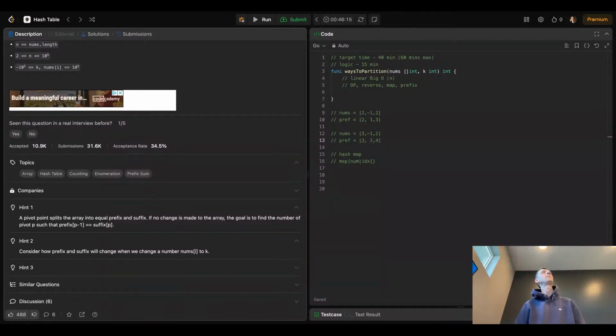Knowing k, we can calculate the difference that we need.